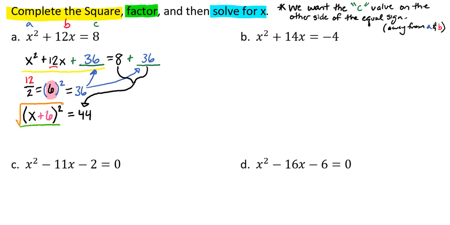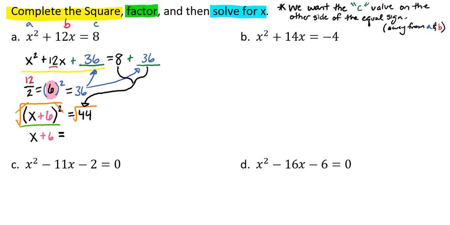In order to do that, we're going to square root both sides. When we square root both sides, the square root and the square will cancel out. That will leave us with x plus 6 equals, and we need to see if the square root of 44 will reduce.